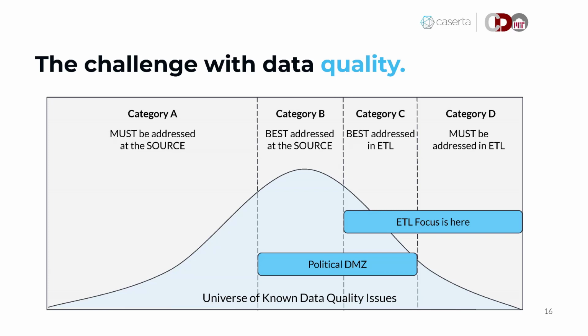Now, there are different techniques, new technologies to make it much, much easier, make it virtual. But at the end of the day, all those things still have to happen somewhere, right? Those, what I call the political DMZ between category B and C, those arguments are still going to happen, right?